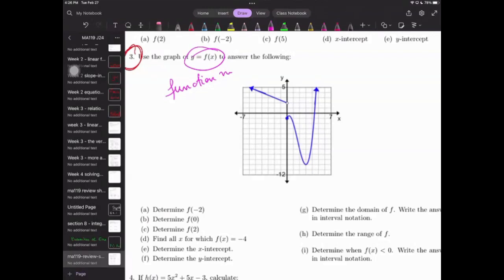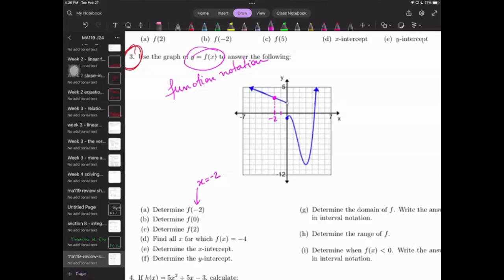What the function notation is telling me is that whatever is inside the parenthesis is the value of x. So x is negative 2. I go to the graph, locate negative 2 for the x value, and look which point corresponds to that in the graph, which is this one here that I'm marking in pink.